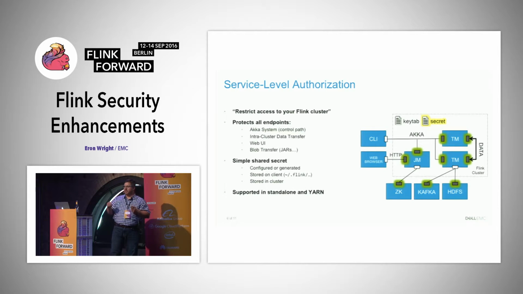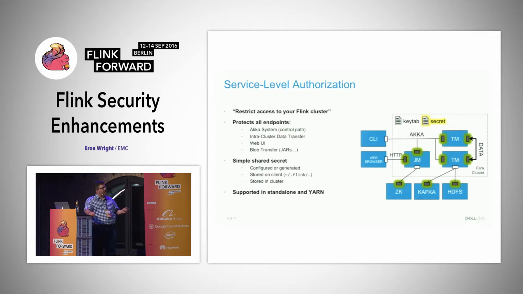It's based on a shared secret. In the configuration, it's called a cookie. It's a simple shared password that the client has to know, that all of the different parts of the cluster have to know, and that is how these components authenticate to one another.